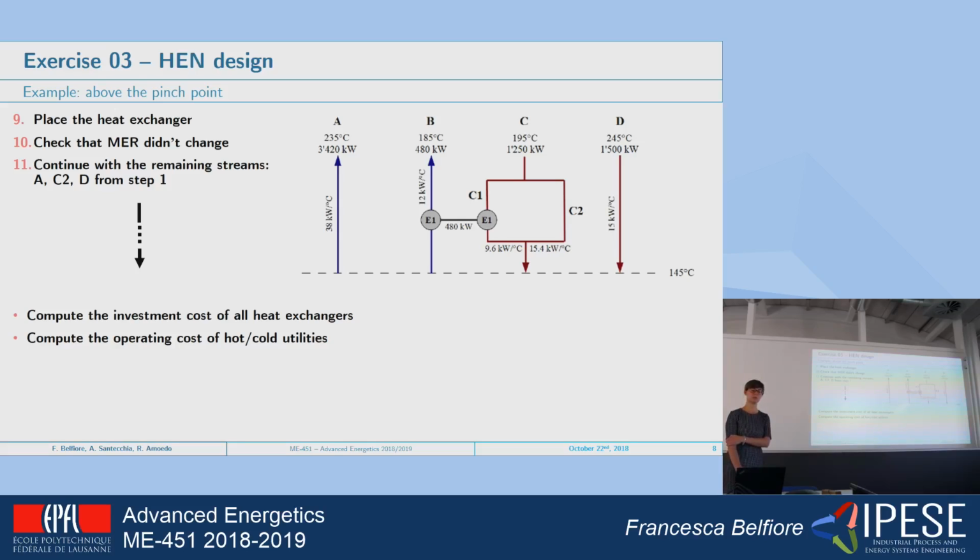And if one rule is not satisfied, you have to split, and you do it in an iterative way for all the streams until at the end you will define all the heat exchangers that you have to place, the streams which are involved, and also the hot and the cold utility requirements.